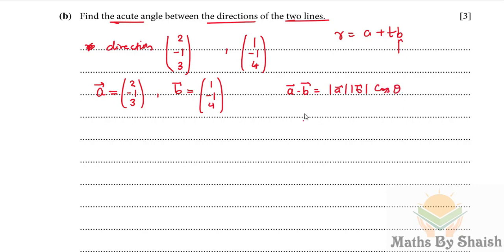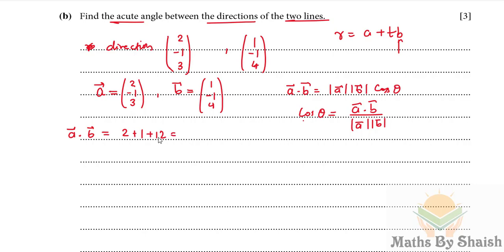Let's say it is theta. So from here we get cos theta as a dot b over this. So let's find first of all a dot b. A dot b is 2 times 1, 2, plus -1 times -1, 1, and 3 times 4 is 12.